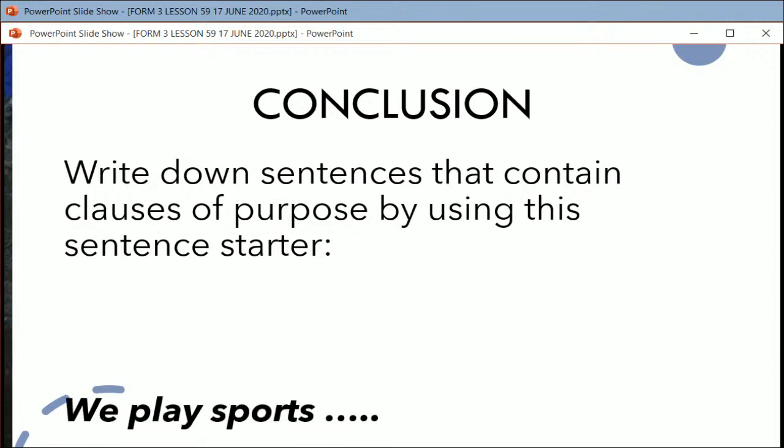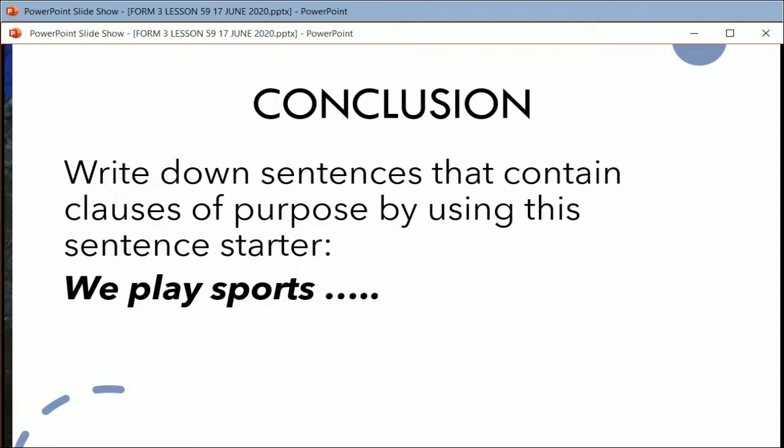So you're going to use "we play sports." I want you to complete the sentence "we play sports" using clauses of purpose a few different ways. Okay, you can use because, so that, so as to, in order. Choose 2 or 3 and just put in the chat and we will all look through it.